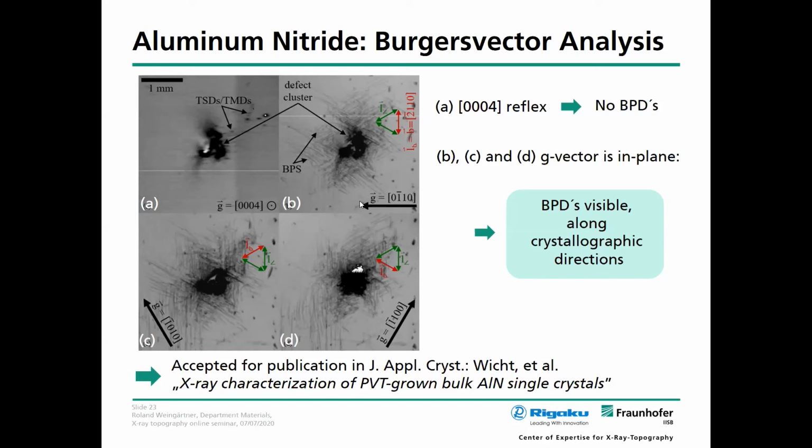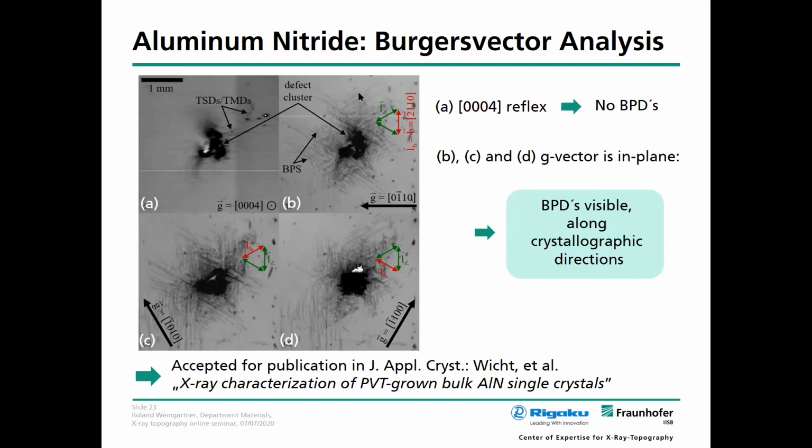Now, if we go in plane, in the basal plane, choosing the g vector like this, we see that the basal plane dislocations pop up. And this is now very interesting. We can change the direction, always keeping inside the plane, but changing it by 60 degrees each time.